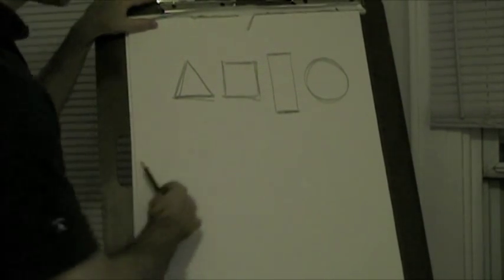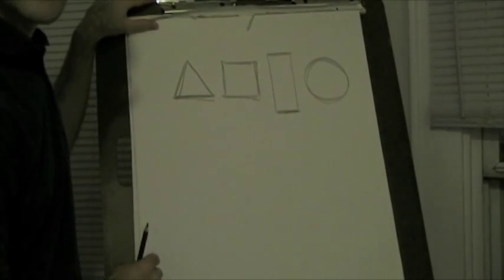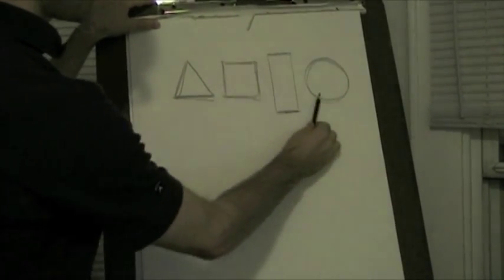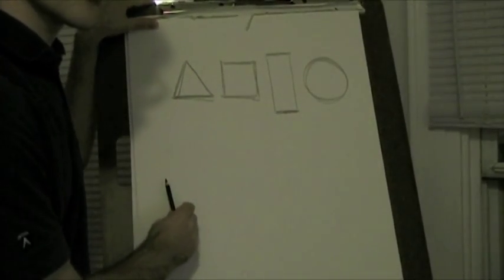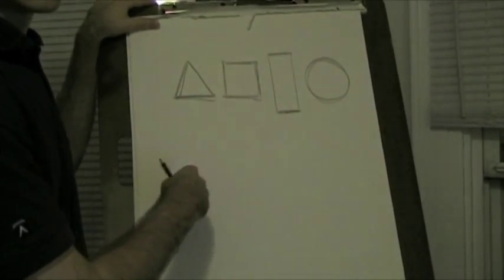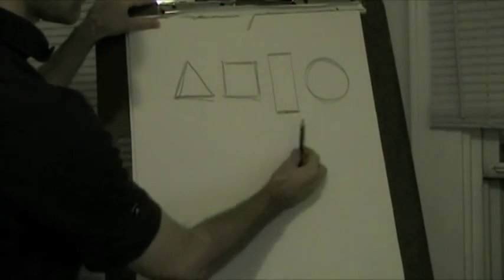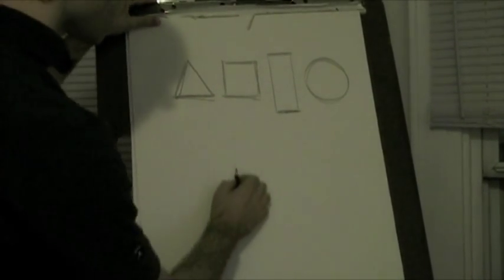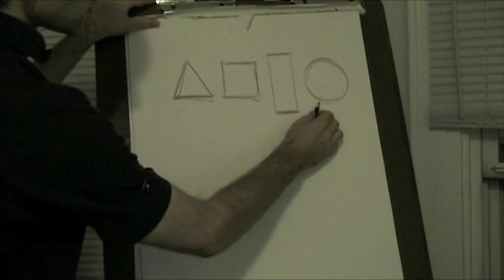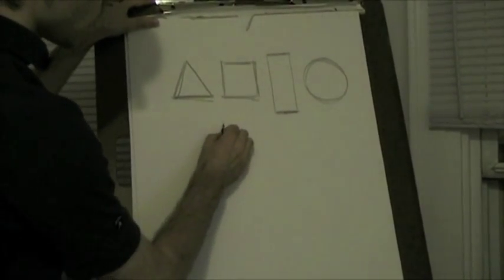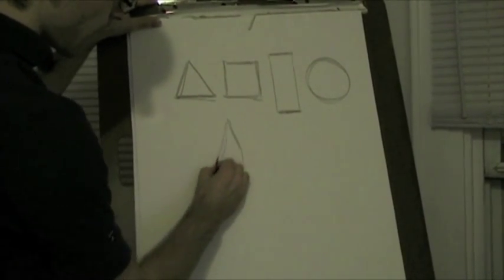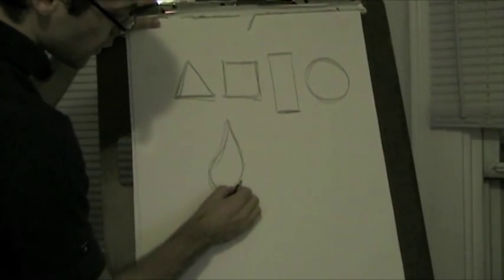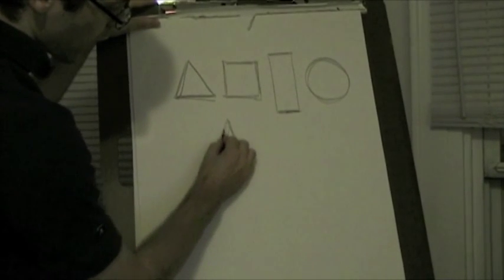Now, taking this one step further, we can begin to merge these shapes and to make them look a little bit more irregular, but their basis is that of simple shapes. So, for example, let's combine the circle and the triangle. You have the triangle at the top coming down to a round shape. So it's not exact, but you can see there's a circle and a triangular shape.